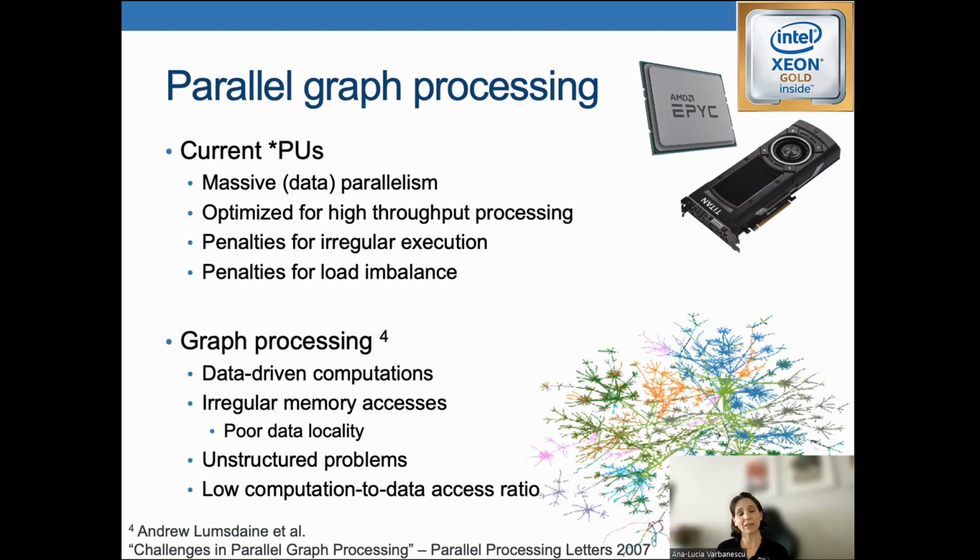So it's really data driven. In most algorithms, you have serious imbalance. This is all driven by the topology of the graph itself. You have poor data locality, and in many cases, you have a very little computation-to-communication ratio. So in other words, there's been a lot of argument that this is a mismatch.